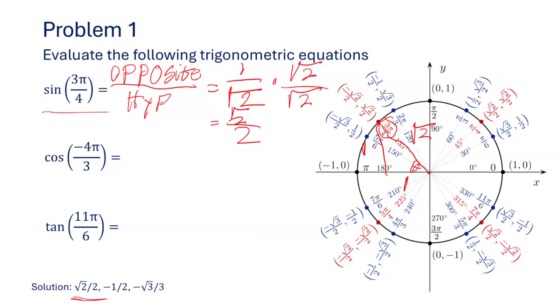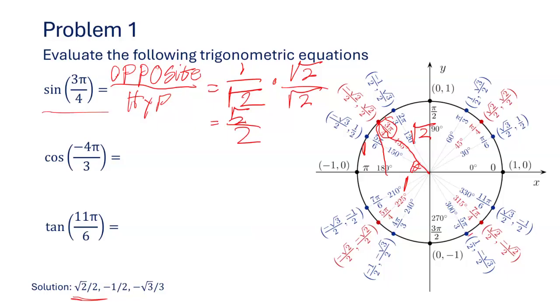Okay, next one, we've got cosine of negative pi thirds. If we're doing negative radians, do we need to go clockwise or counterclockwise on our unit circle? Clockwise. So I need to count 4 pi thirds, but going the other way.